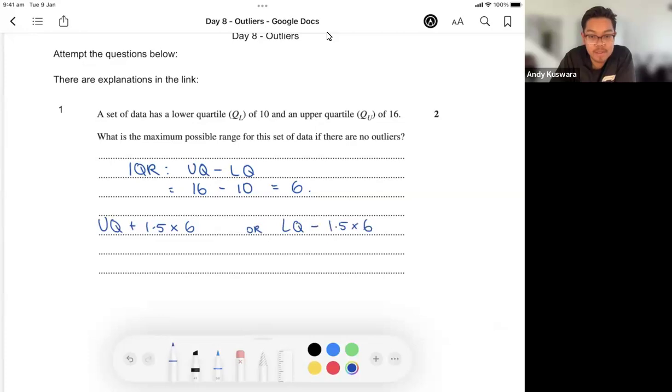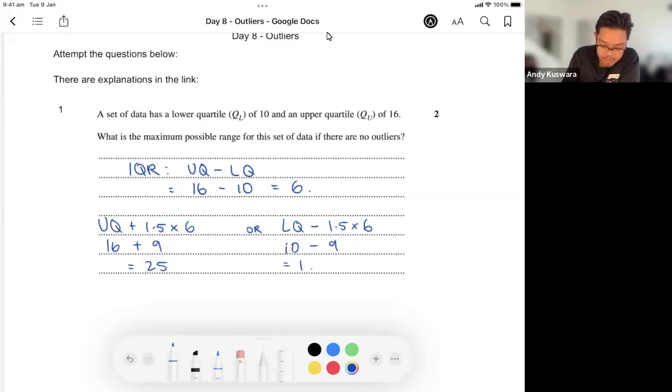Again, this will be on your reference sheet. In this case, my upper quartile is 16, and if you put 1.5 times 6 in your calculator, that will give you 9. So that means I can have up to 25. For my lower quartile, it must be 10 take away 9, which in this case is 1.